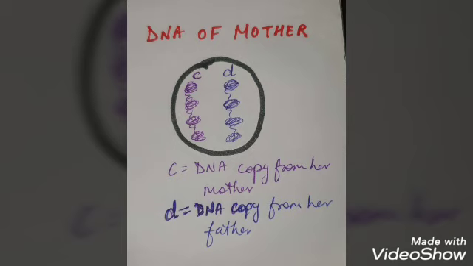The cell must have received one DNA copy from her mother, say C, and one copy of the DNA from her father, say D. So here also we can see that the parents have two copies of DNA.